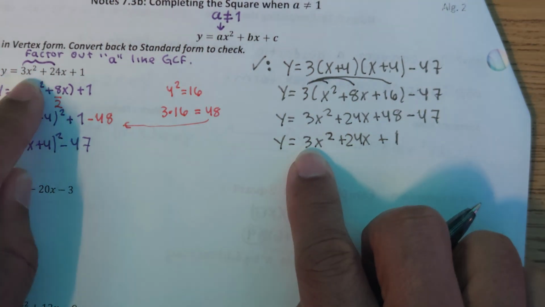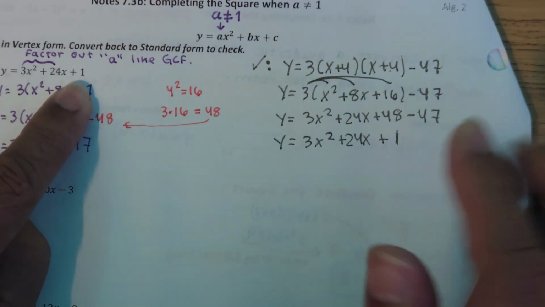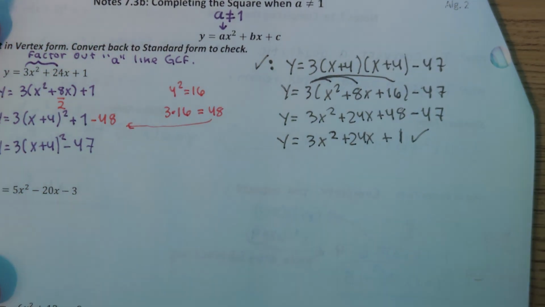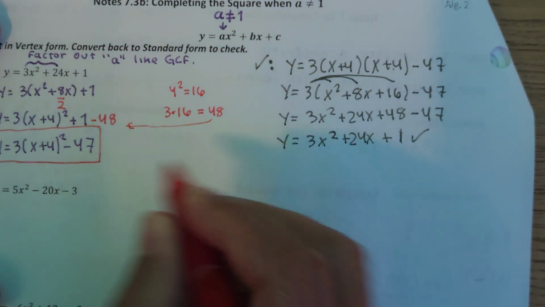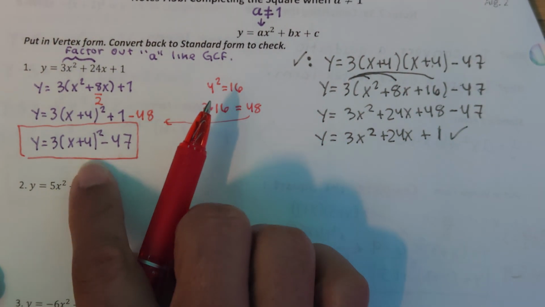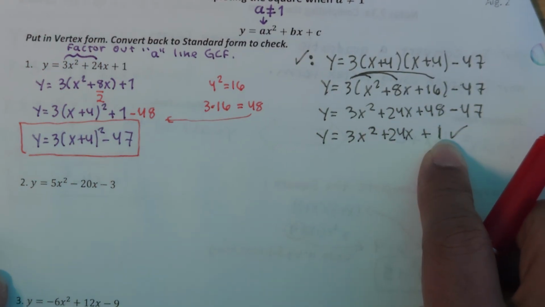Okay, now check. 3x squared, we got that. 24x, we have that too, and plus 1, we also have that 1. So that means this equation works. So always when you complete the square, don't forget to check your answer. And if you get what you were given back, then that means your solution should work.